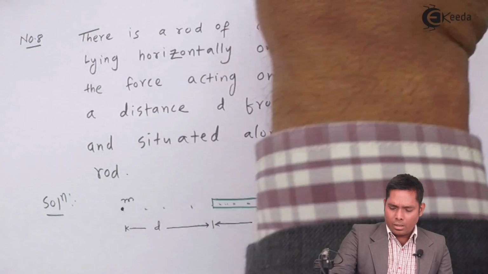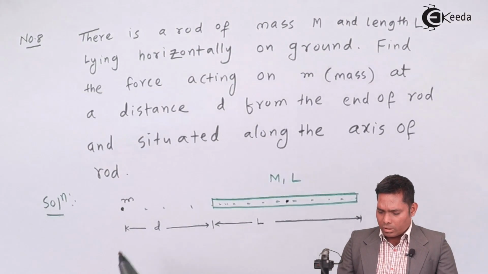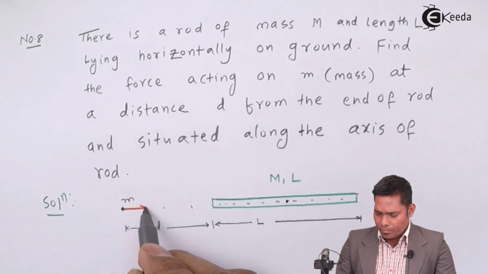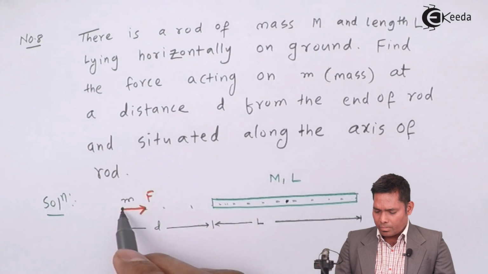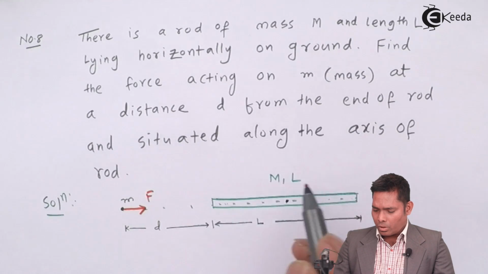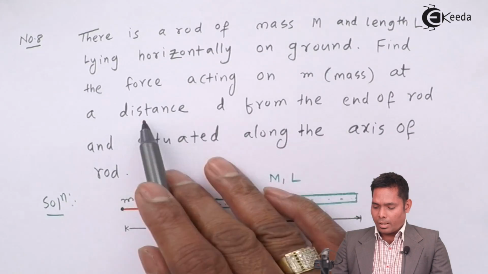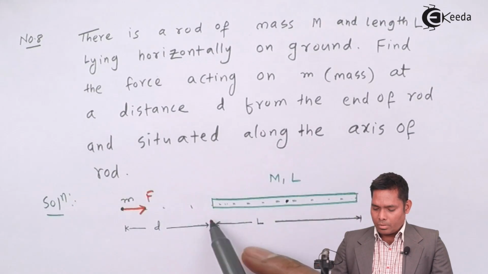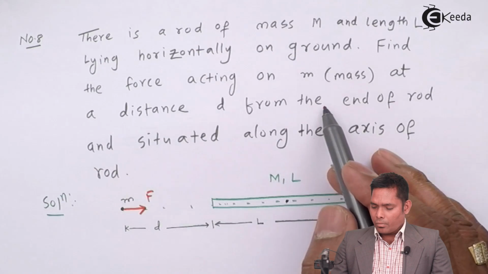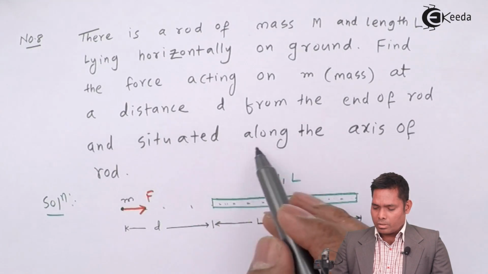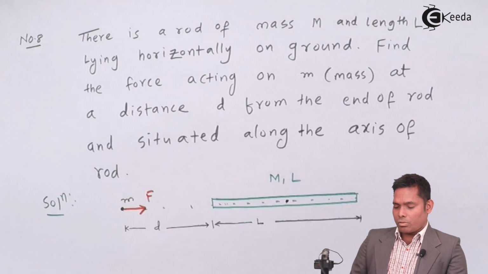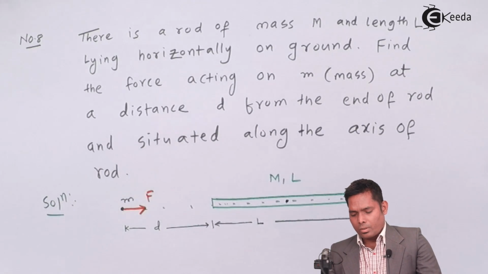You have to find the force acting on this small mass m due to the mass of the rod, situated along the axis. So this is the situation and the force is asked.